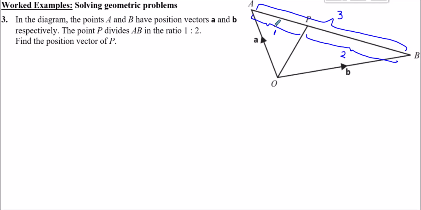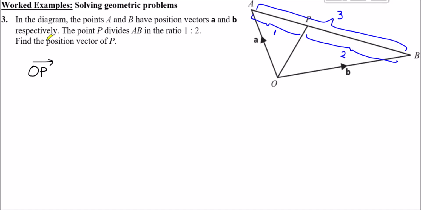So from A to P is 1 part out of 3. From P to B is 2 parts out of 3. So this is 1/3 of the length from A to B. From P to B is 2/3 of the length from A to B. So what we're after here is a position vector of P. So in other words, we want to find OP.